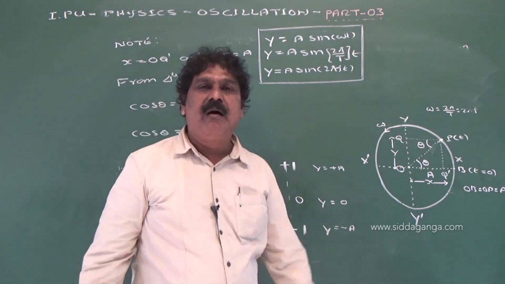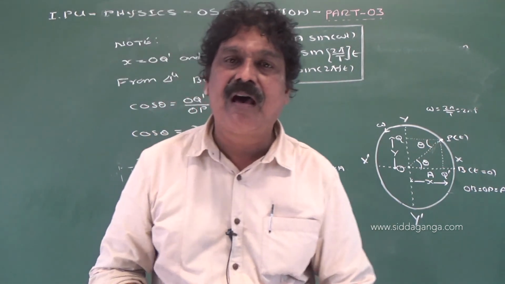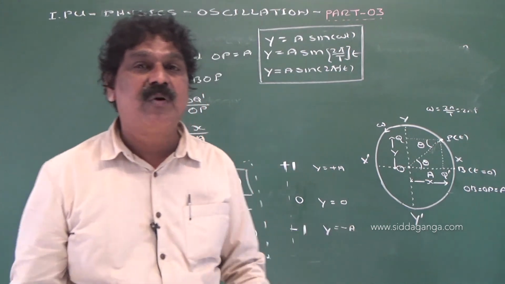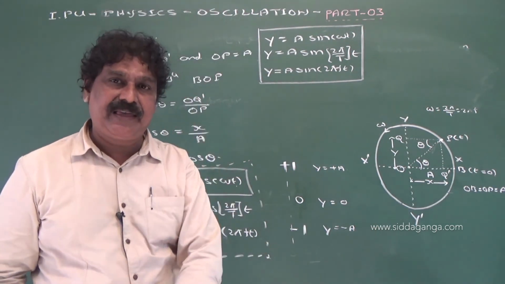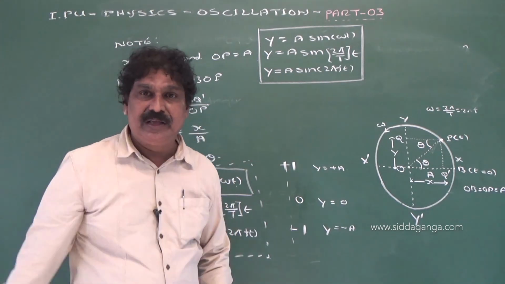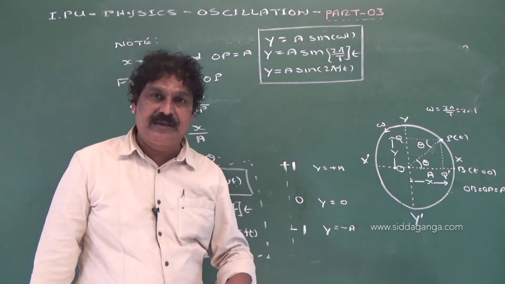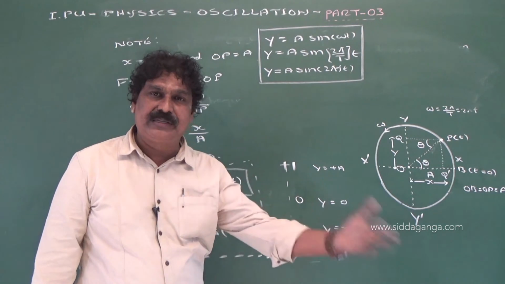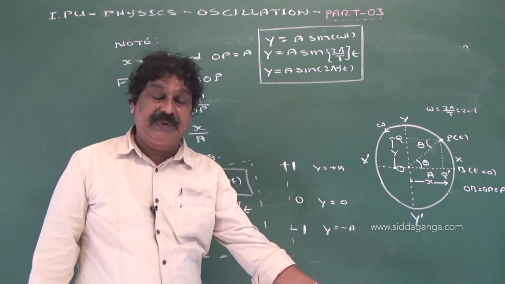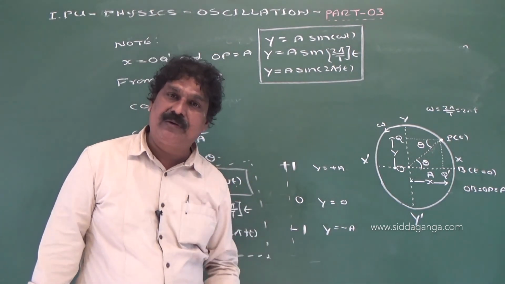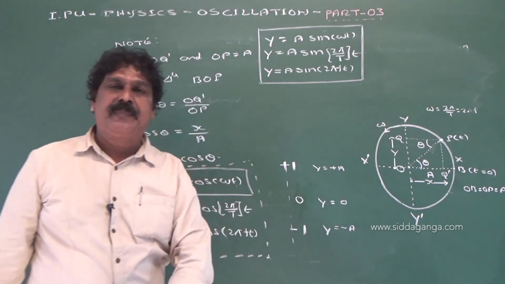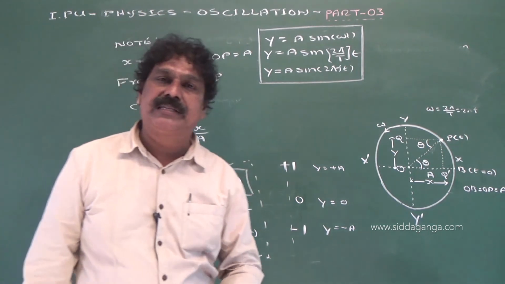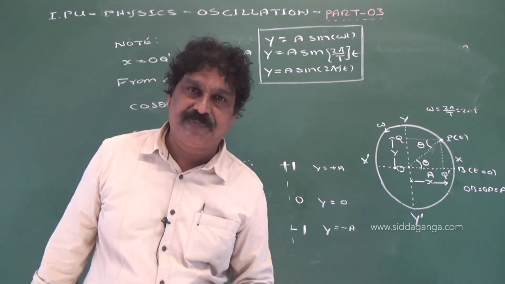Therefore, oscillation and vibration are called harmonic motion. A harmonic motion which satisfies those four conditions we have described, that it is periodic, to and fro, the magnitude of acceleration is directly proportional to displacement, and acceleration is directed towards the mean position, is called a simple harmonic motion.